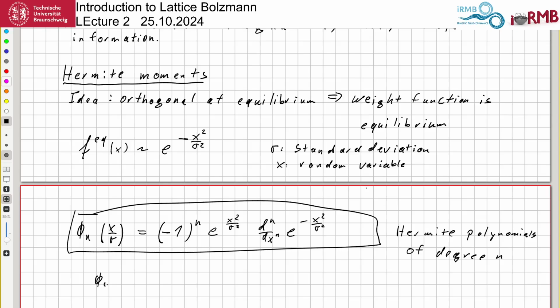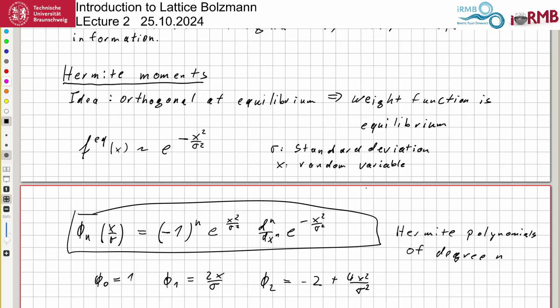So the zero order Hermite polynomial is 1. The first order Hermite polynomial is 2x divided by sigma, and the second order polynomial is minus 2 plus 4x squared divided by sigma squared.